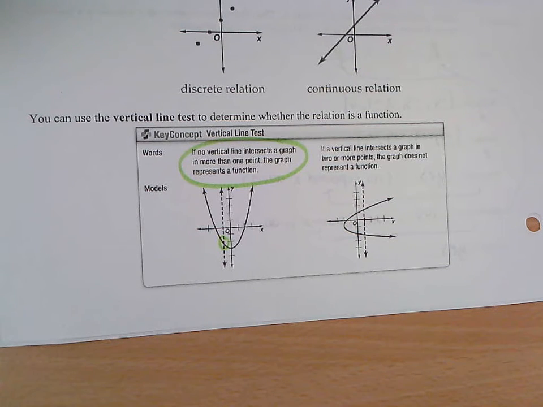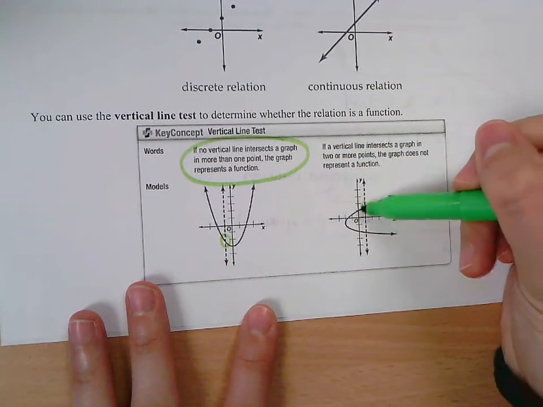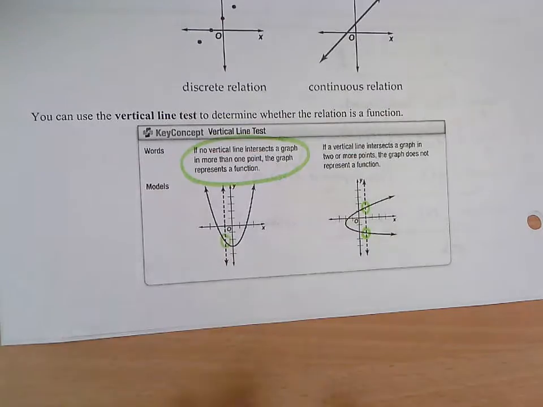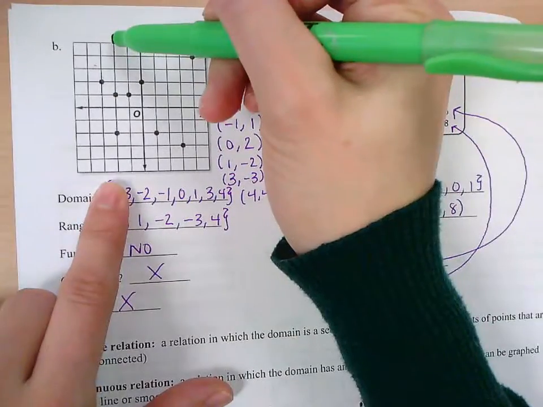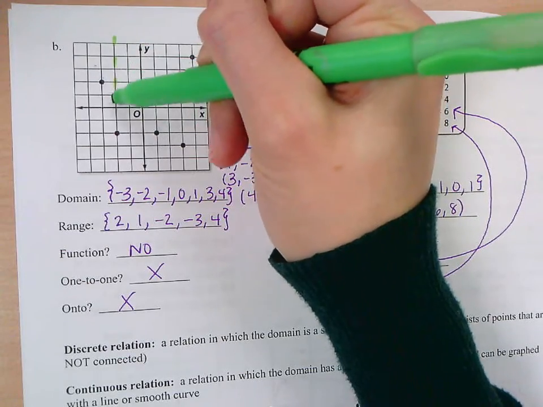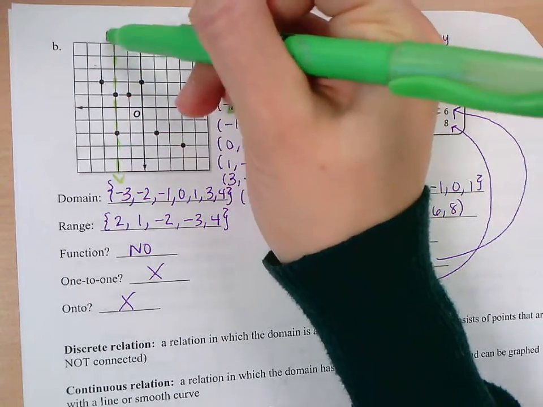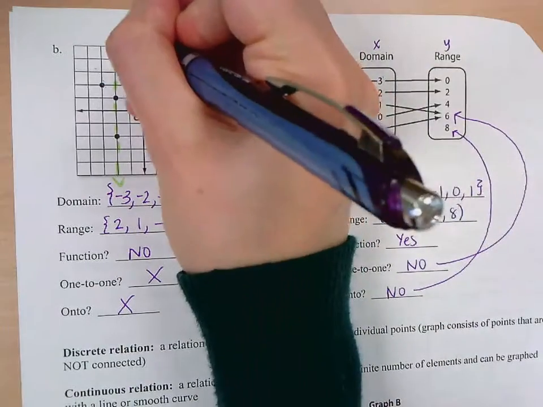If I cross through it more than once, any given vertical line, like in this one when the parabola is sideways, that vertical line touches it twice. Then it's not a function. So I could have gone up here if I look at B. When I draw in this vertical line here, so if I drew in that line, that would be the line x equals -2.